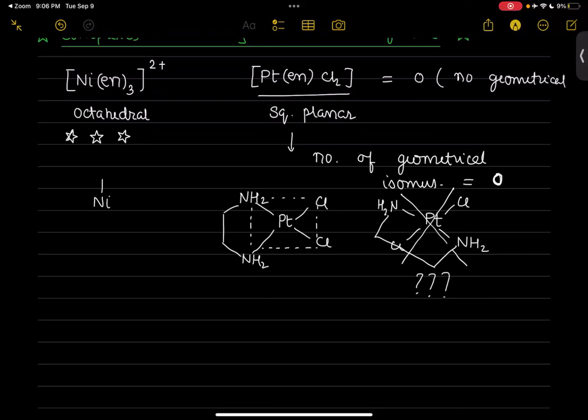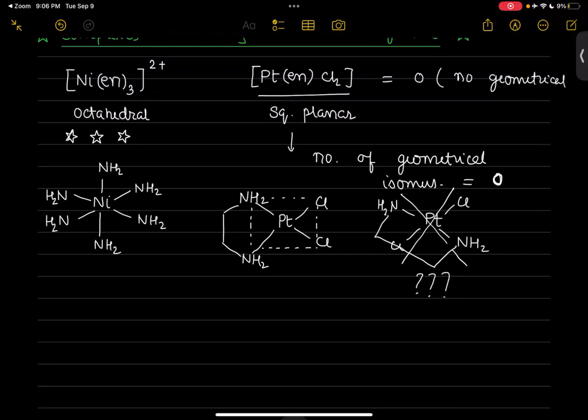Ni, if I try to draw them, NH2, NH2, that is absolutely correct. It is not going to have any geometrical isomer. NH2, NH2 and NH2.